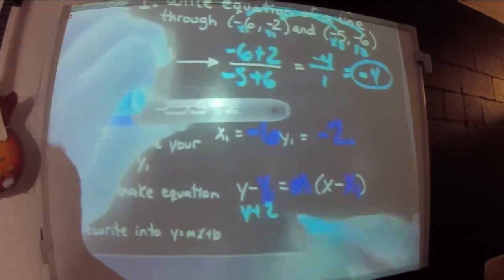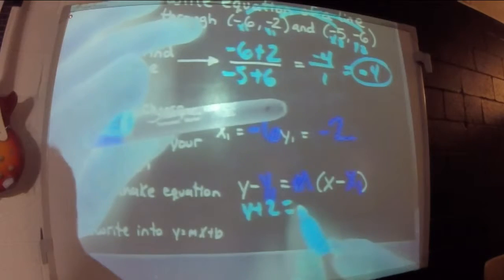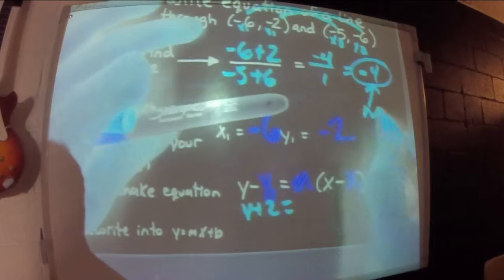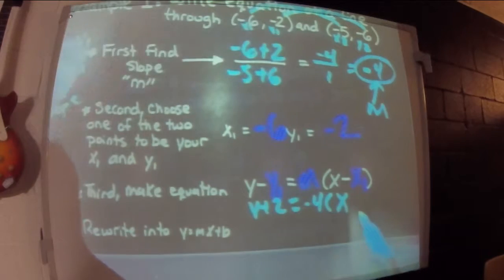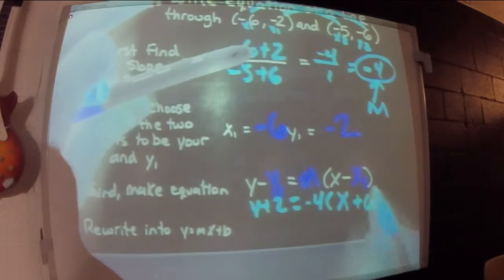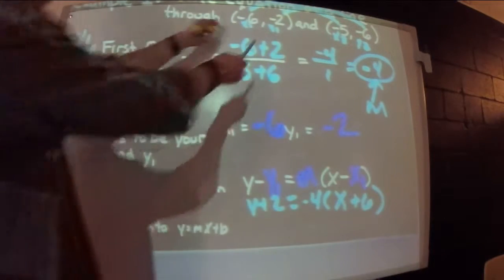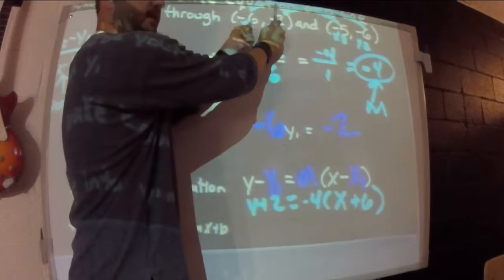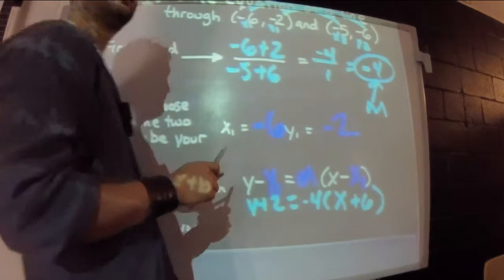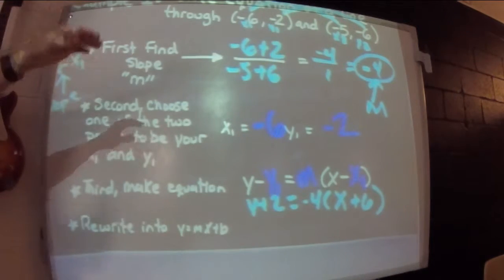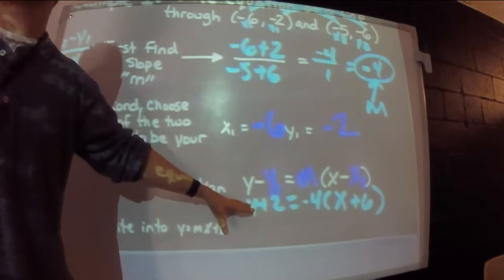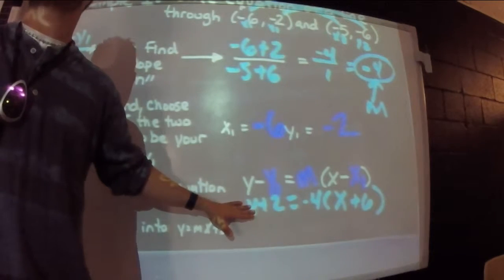Y plus 2 equals, what's our slope? -4. Negative 4. And then it's going to be x plus 6. Remember, if your x1, y1s are already negative, they will come down here and be positive. So y minus y1 is y plus 2 equals negative 4 times x plus 6. You're always 2 steps away from y equals mx plus b.